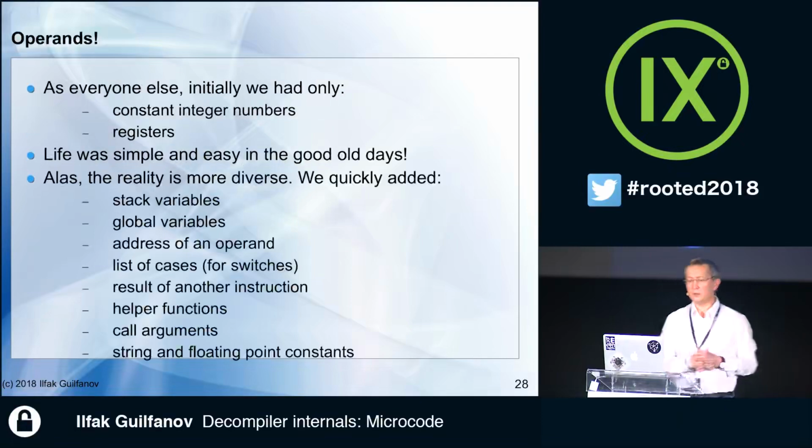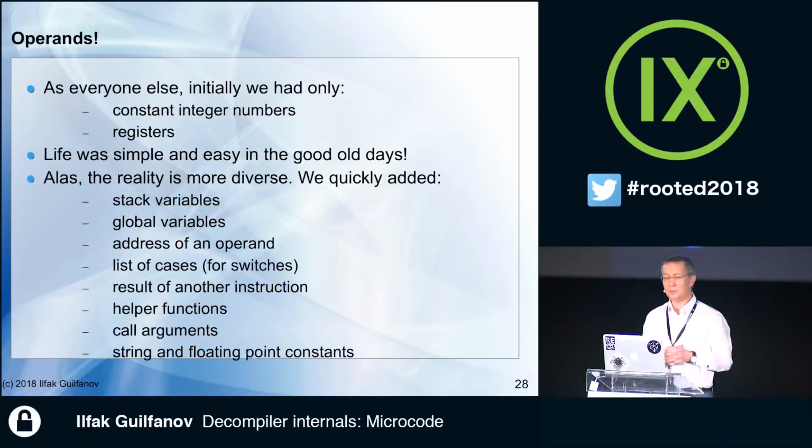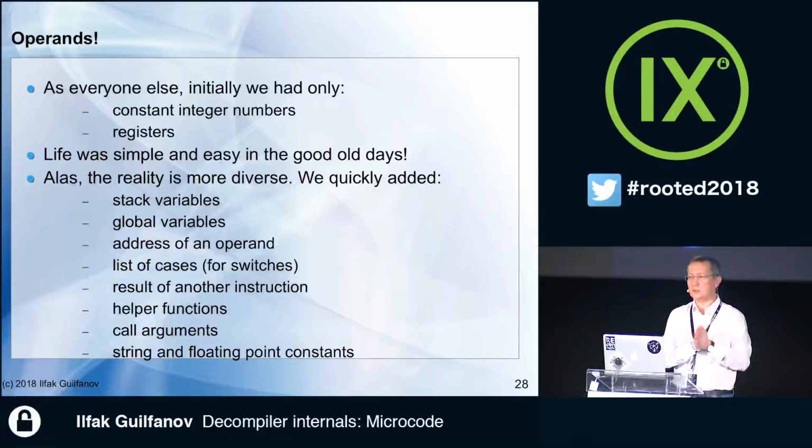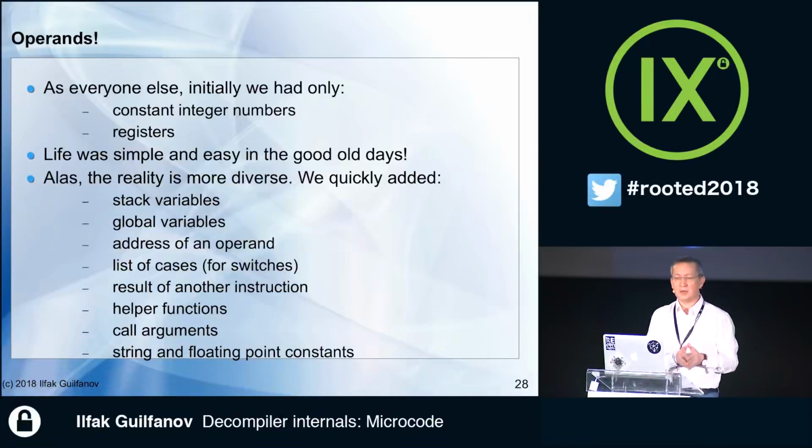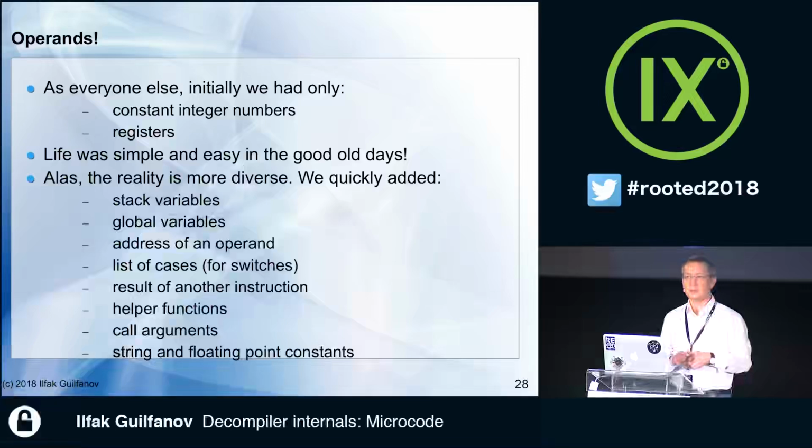Now about the operands. We started, as anyone else, with very simple things: numbers and registers and nothing else. If you take most theoretic papers about data flow analysis, they talk about integers and registers most of the time.